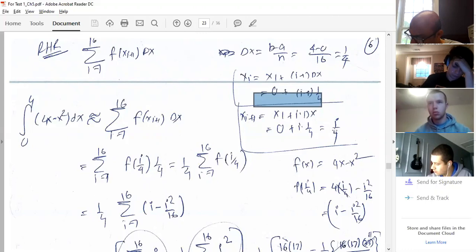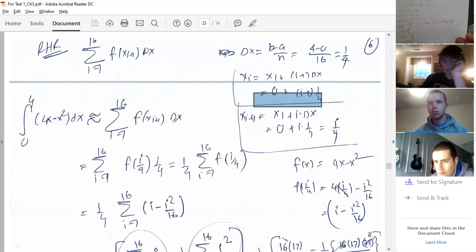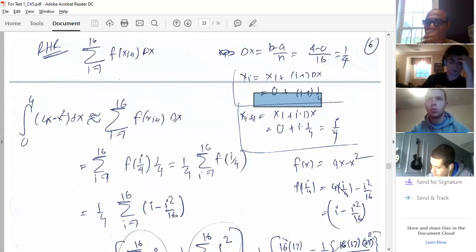So f of i/4 is 4 times i/4 minus (i/4) squared. Agree? 4 times i/4, minus i squared over 16. So that is equal to i minus i squared by 16.